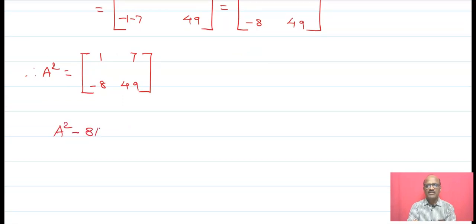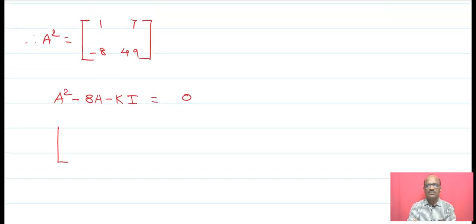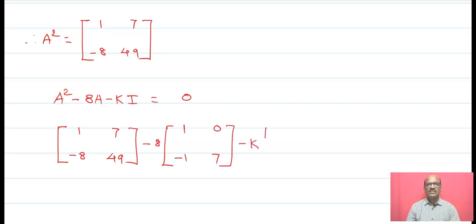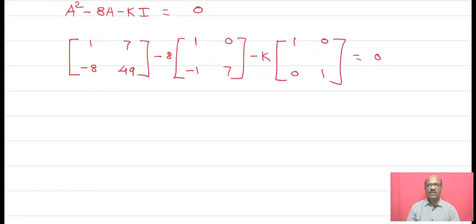A square minus 8A minus KI is equal to 0. Now substitute the values. 1, 7, minus 8, minus 49. 8A, that is 8 into 1, 0, minus 1, 7, minus K in bracket 1, 0, 0, 1 equals 0.